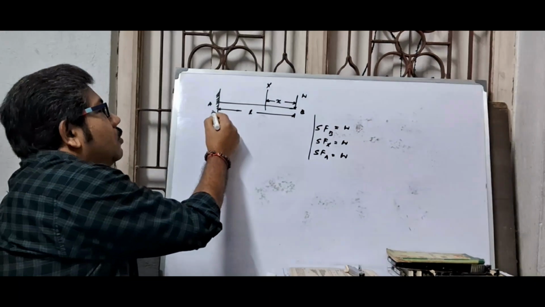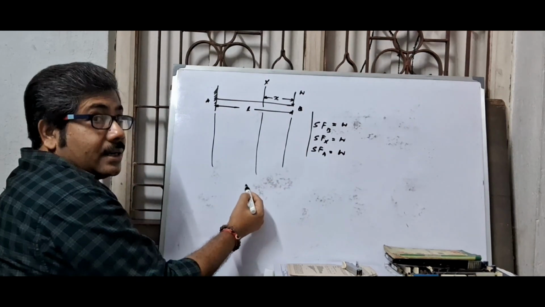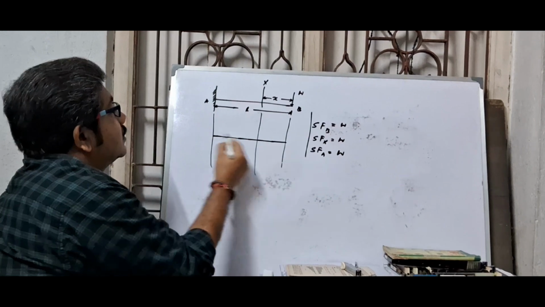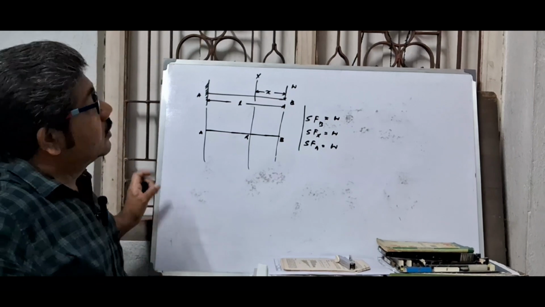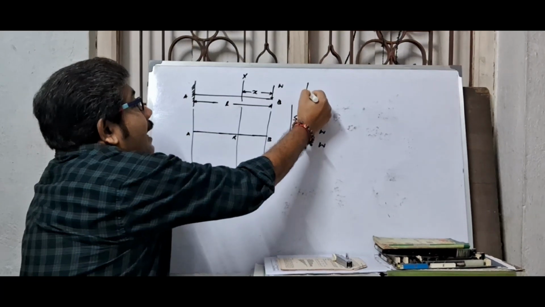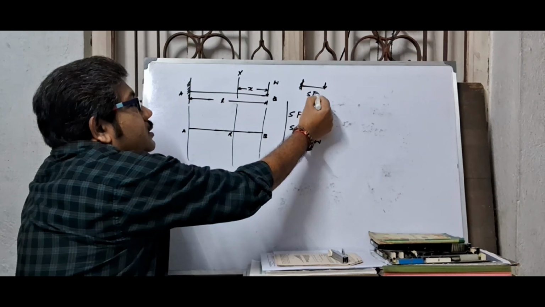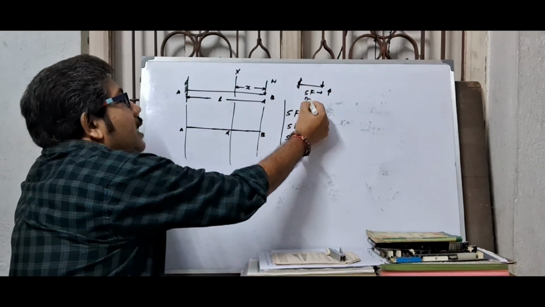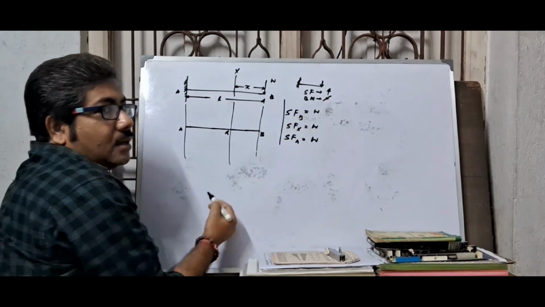First of all, from every point draw a projection line, that means a light line. This is the reference line A, X and B. It should be remembered, for a cantilever beam carrying a point load, shear force is always vertically upward and BM should be inclined downward.